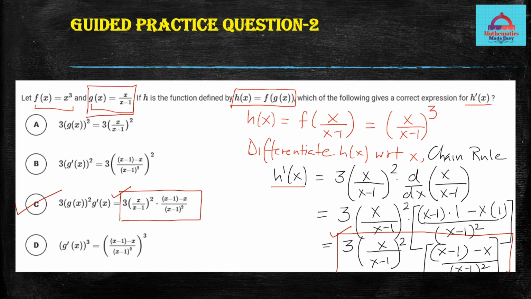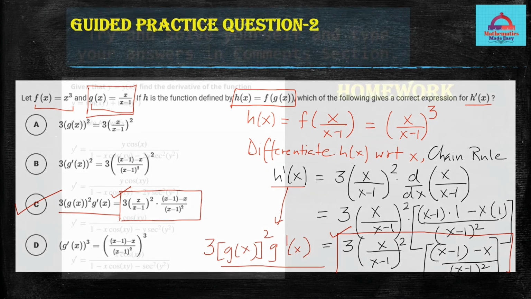So this whole expression is quite equivalent to writing 3 times g(x) whole square, and this quotient rule which we have applied, the last step is nothing but your g prime of x. So that gives us also the left hand side of the question, which completes our answer, and definitely C is the correct answer. That completes our question.